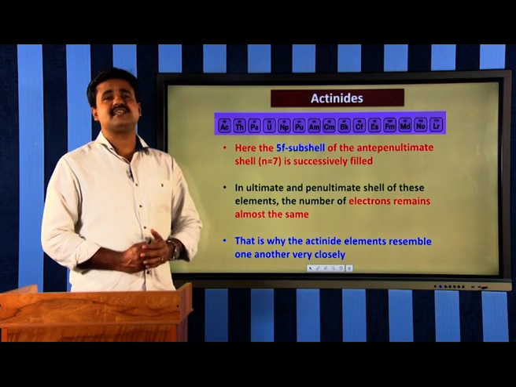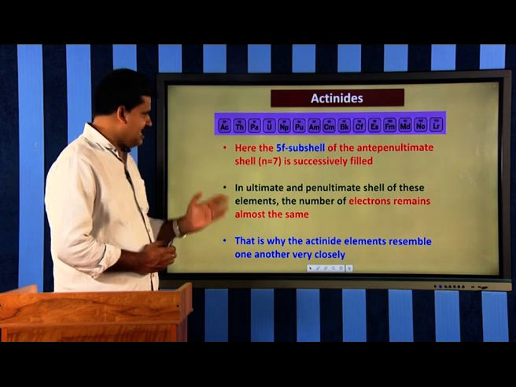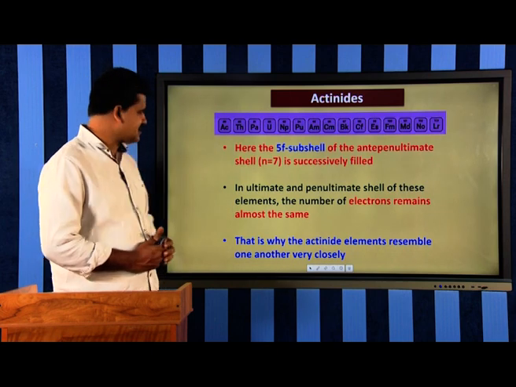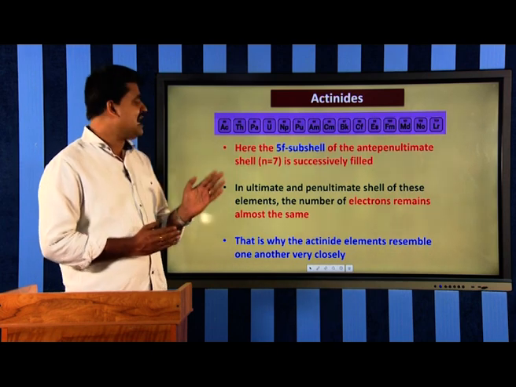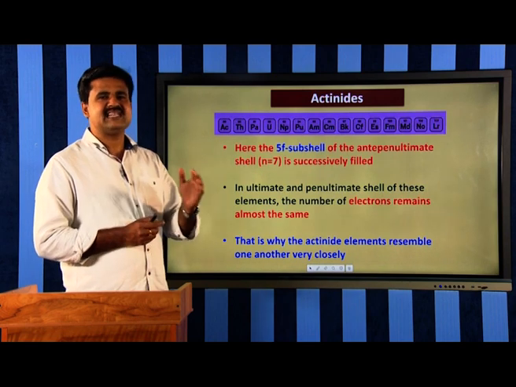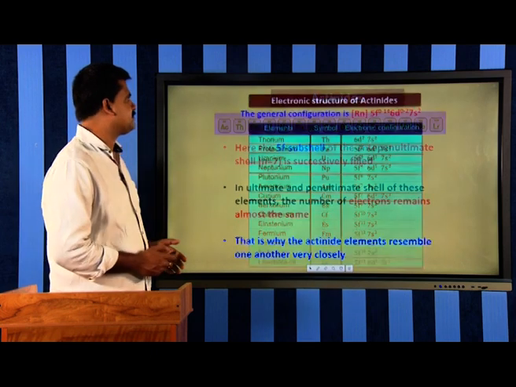The ultimate and penultimate shells of these elements have almost the same number of electrons. That is why actinide elements show very close resemblance in their physical as well as chemical properties.